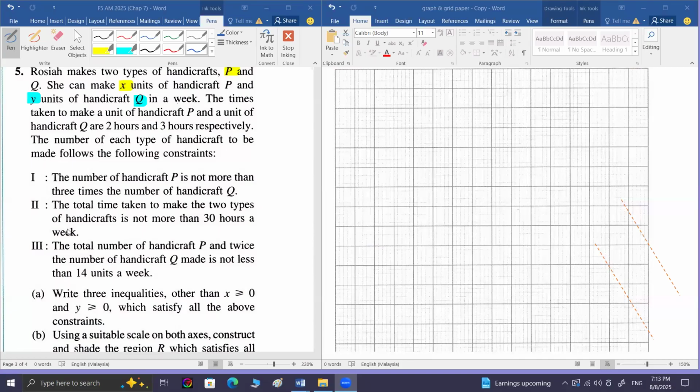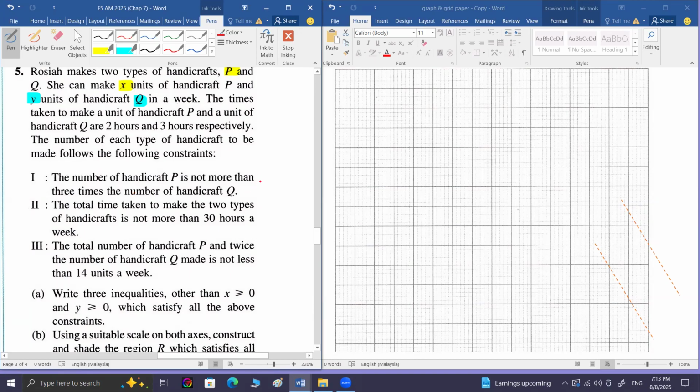Because the rest are done. Okay, like checking, yeah? So we see the first one. The number of P is not more than 3 times. So P is what?